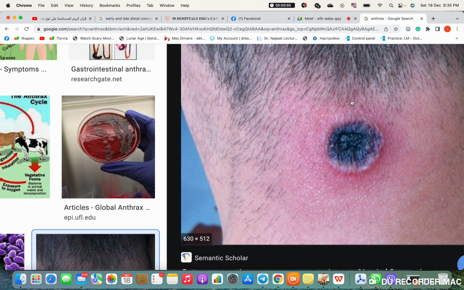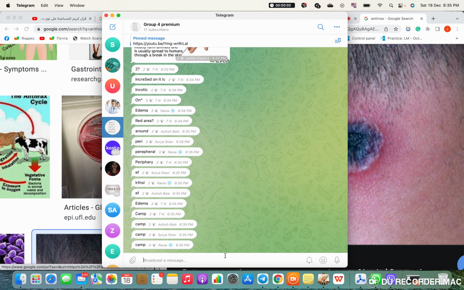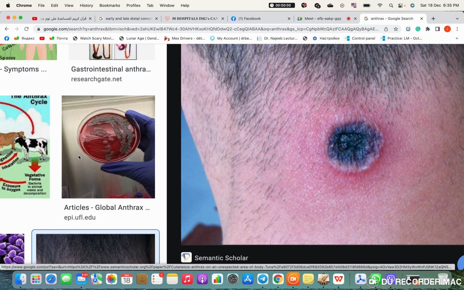If they give you an arrow question about this red area and ask what is the cause, is it the lethal factor or the edema factor? Absolutely correct, it is the edema factor. And if they ask you, is it due to cyclic AMP increase or cyclic GMP, you will say cyclic AMP. Good. This is cutaneous anthrax.